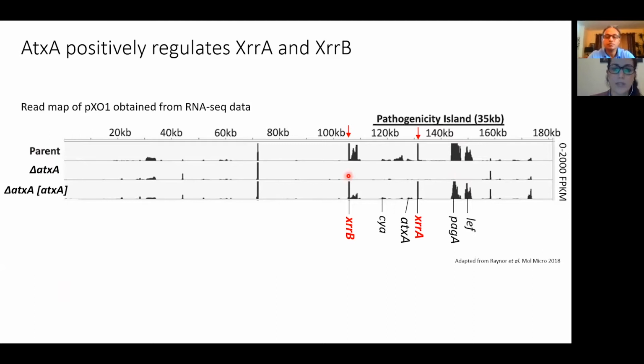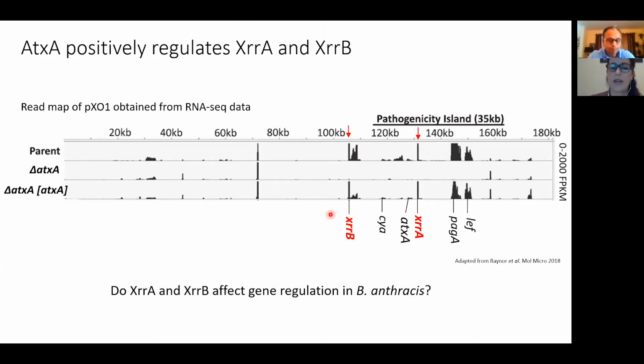And importantly, we can restore expression of the sRNAs if we then complement back ATXA exogenously into this ATXA null mutant. Given that ATXA positively regulates these sRNAs, we asked the simple question: do SIR-A and SIR-B affect gene expression in Bacillus anthracis?